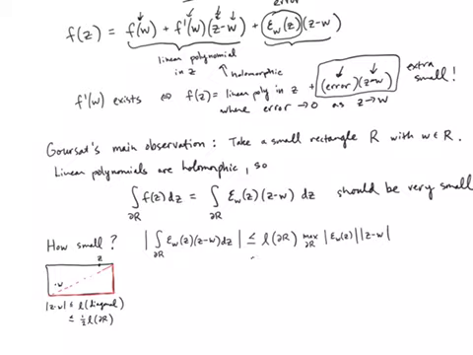So we can replace this norm z minus w with that, and you get the length of the boundary of R squared, and then times the max over the rectangle of this error. And we can call this here epsilon. And the length of the boundary of the rectangle, the perimeter of the rectangle, squared.